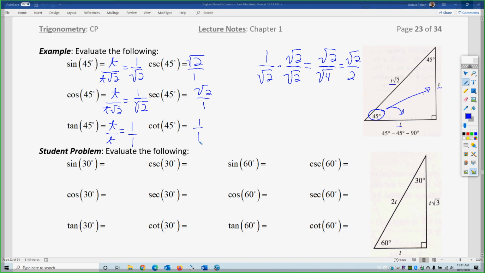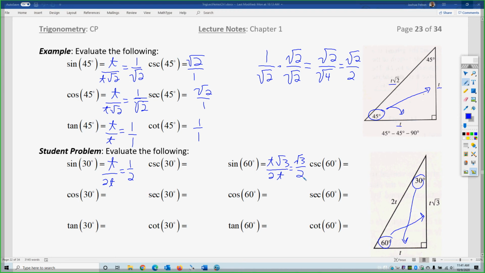Okay, let's try the same thing for the student problem for 30 and 60. So if I do 30, that is my opposite side, correct? So opposite over hypotenuse is going to give me 1/2. However, if I do the 60, that is my opposite. So that is t root 3 opposite over hypotenuse, which the t's cancel, leave me with root 3 over 2.